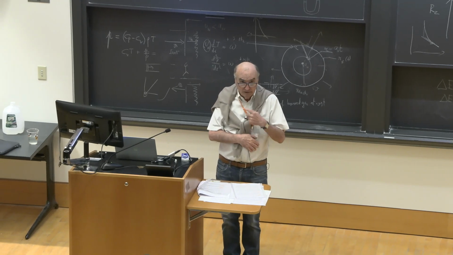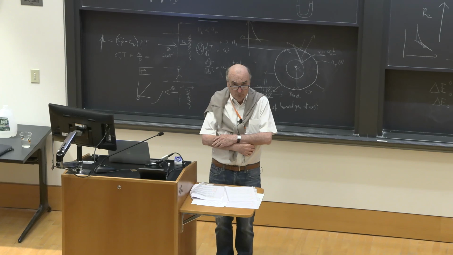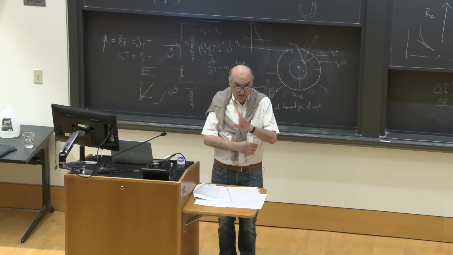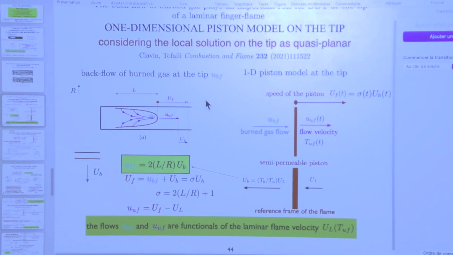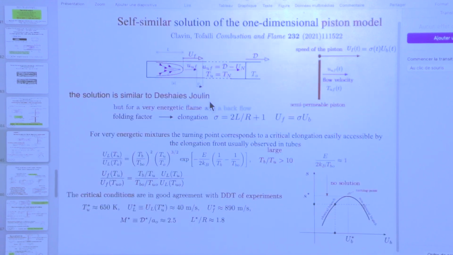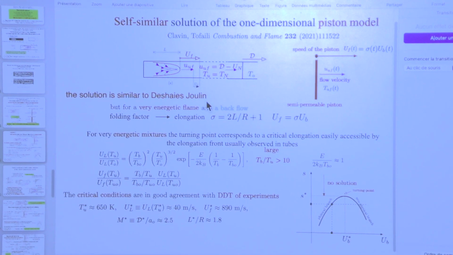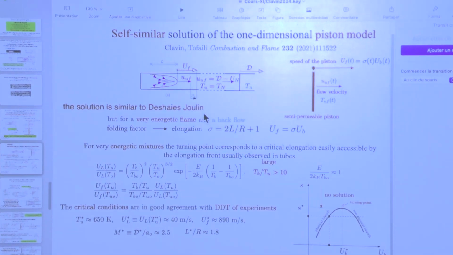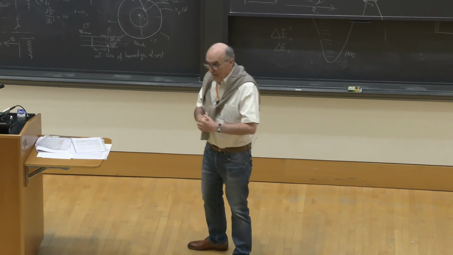And for me, this is one of the explanations of the DDT mechanism in a laminar regime. So, keeping this in mind, I will start with a simple analysis similar to the one developed by Guy Joulin 30 years ago.